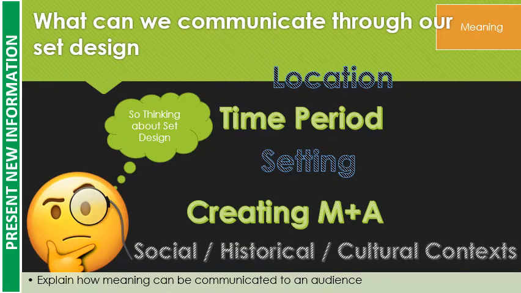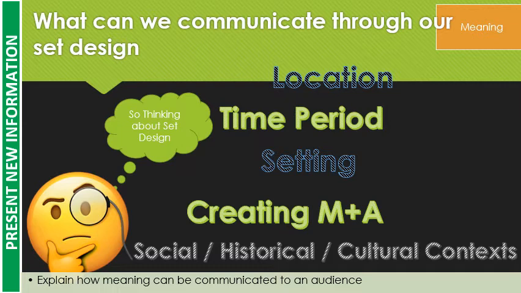So thinking about set design, what can we communicate through our set design? So we can communicate location. Where is it set geographically? Well, we know that it's set in Hamble, but how can we show that? We know that Hamble is an affluent, probably middle class fishing town.